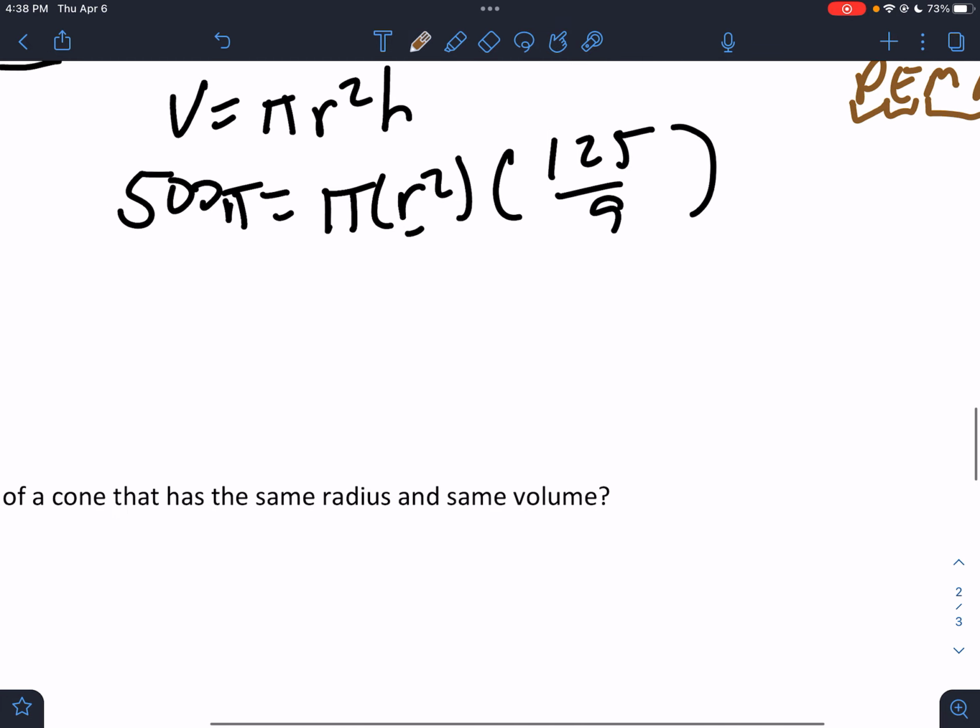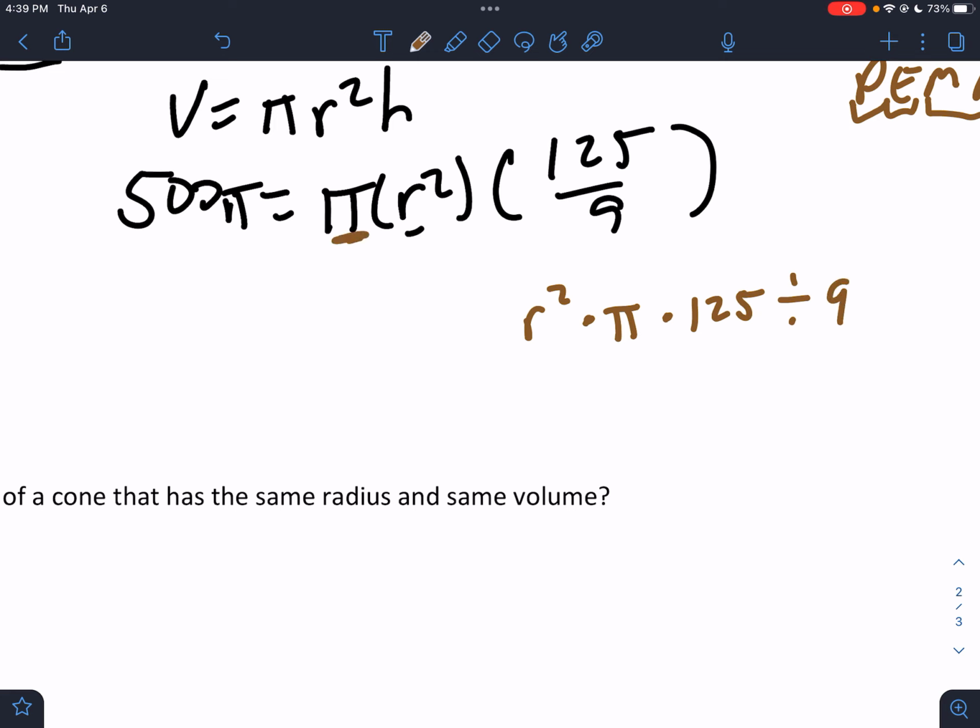So if I'm looking at this, look at r squared. What's happening to r squared? If I were to rewrite it, r squared, we have times pi, we have times 125, and we have divided by 9. That's what those numbers are doing to the r. So if I start with 500 pi over here, I need to get rid of pi first. Divide by pi. Pi's gone. How do I get rid of times 125?